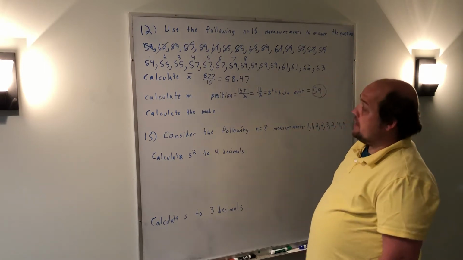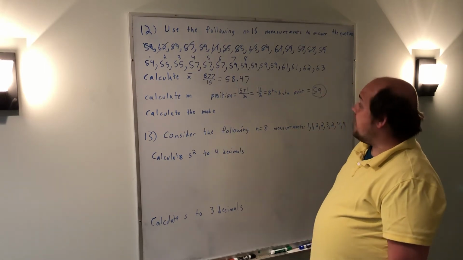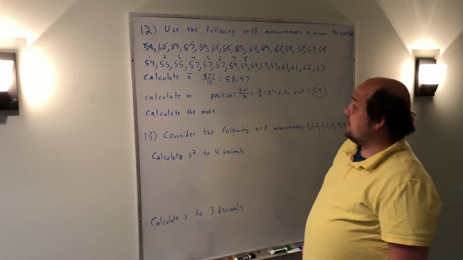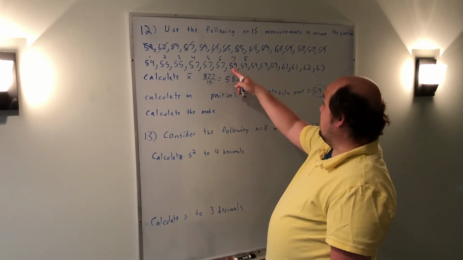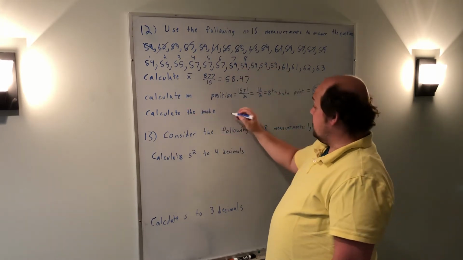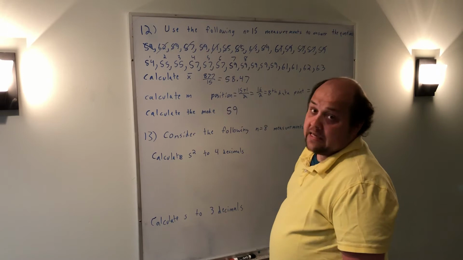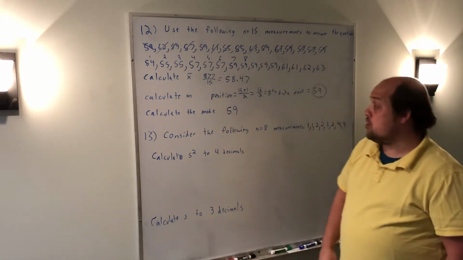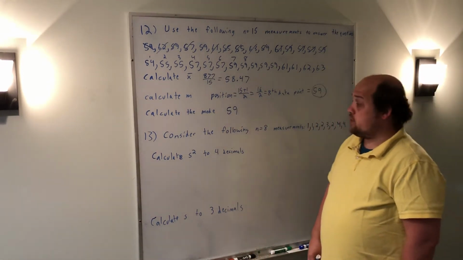So 59 is my median. When I go to calculate the mode, I look for the thing that happens the most. 59 occurs 1, 2, 3, 4, 5 times, which is more than anything else. So my mode is 59. It's a unimodal distribution because there's a single number that happens the most.